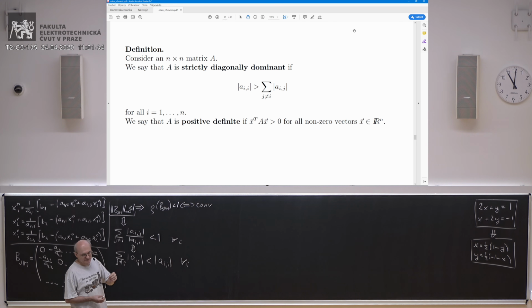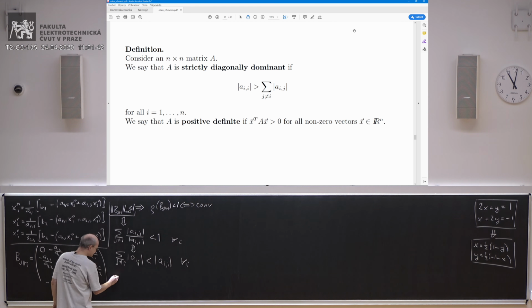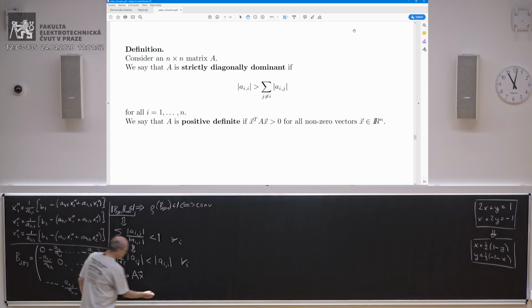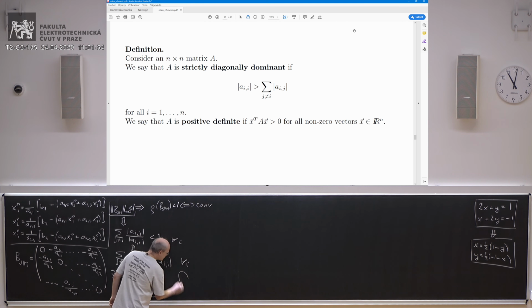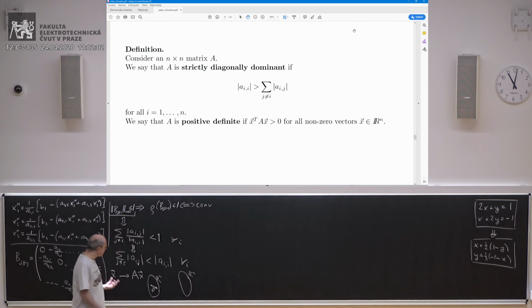Let me just explain in some way, intuitively, what I see when I hear a positive definite matrix. I see this. When I have a matrix, I have a mapping which takes a vector and sends it to another vector. So there is a vector space, there is another vector space, let's say R^n, R^n, and I have a vector x here, and I apply matrix A to it by multiplying it with A, and the matrix A can do all kinds of things to this vector.